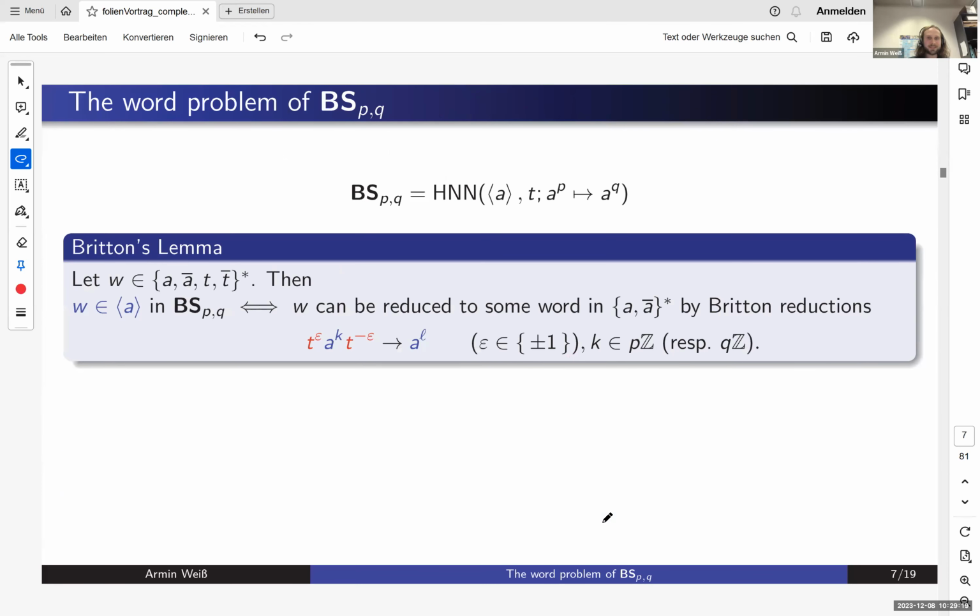Okay, so next, I want to give some details on that. We know that the Baumslag-Solitar group is this HNN extension. So this gives us a natural algorithm to solve the word problem, namely by Britton reductions.